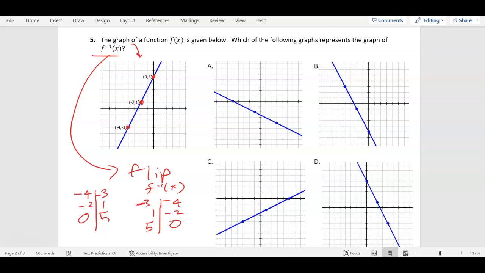Negative 3, negative 4. Nope. Negative 3, negative 4. Nope. Negative 3, negative 4. Yeah. 1, negative 2. Yeah. 5, 0. Yeah. You can tell this last one doesn't have it either. So remember, you've got to take these points, flip them, and those flipped points should be on the line.